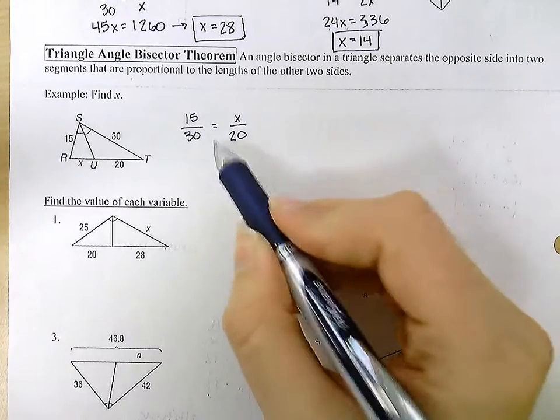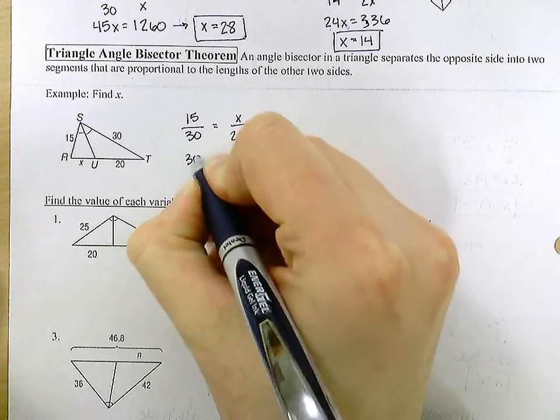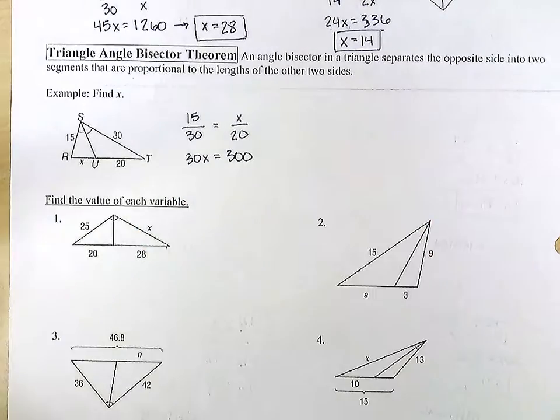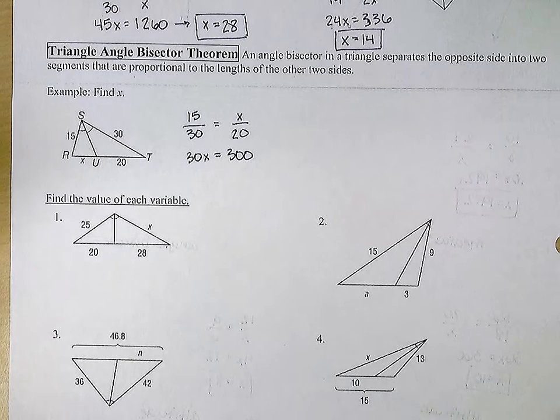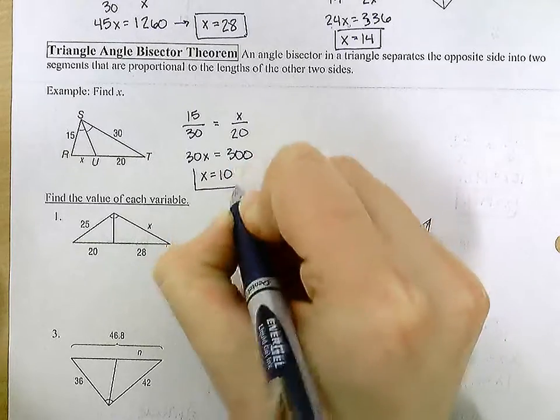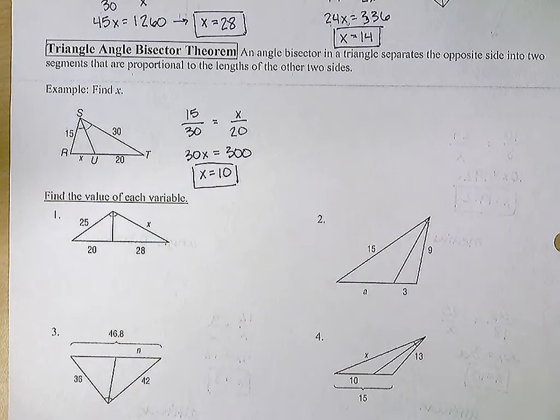From here I just need to cross multiply to get 30x equals 300. Divide both sides by 30, and x is equal to 10.